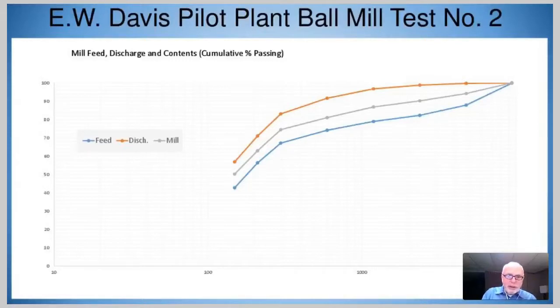So what is plotted here are the three size distributions. The blue line is the size distribution of the material entering the ball mill. The red line is the size distribution of the material discharging the ball mill. And the intermediate line is the size distribution of the actual mill contents.